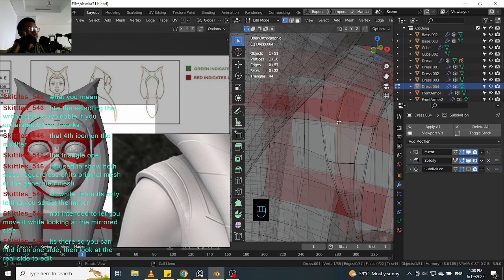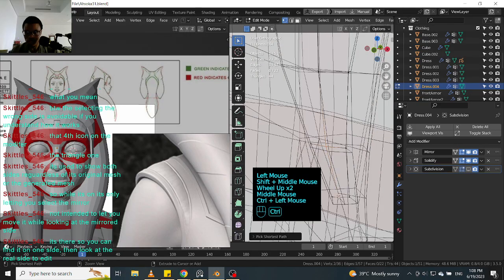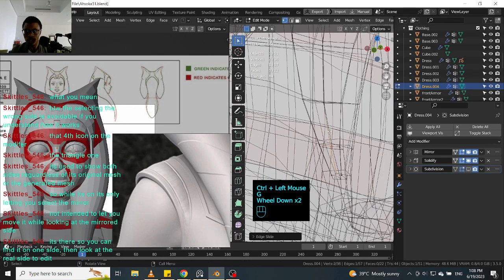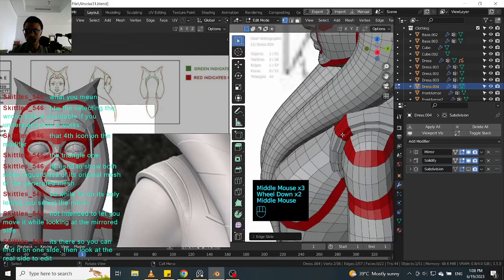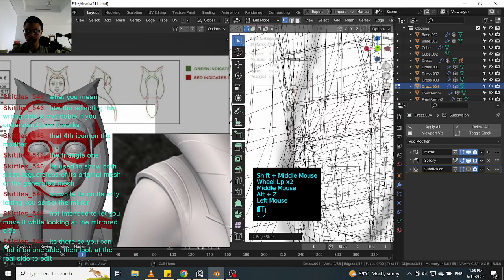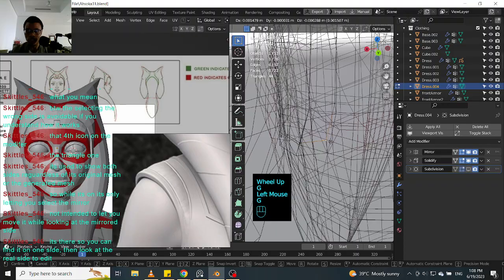It's there so that you can find it on one side, then look at the real side to edit. I guess that's what I was getting confused with, the fact that I just assumed that whichever side I was working on was actually the real side.